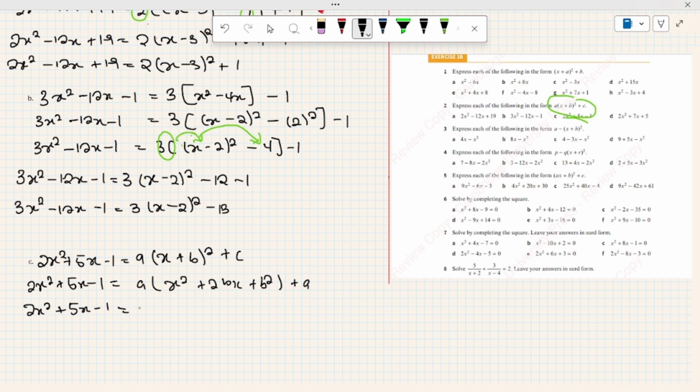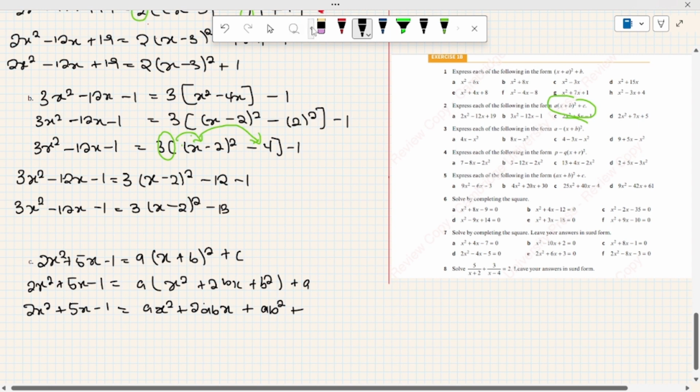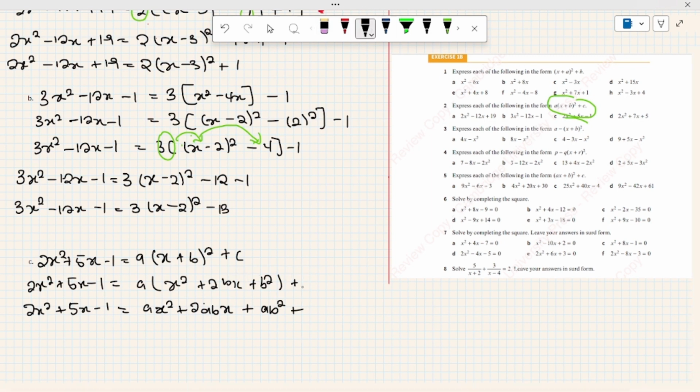Now we're gonna multiply a straight into the bracket. It's gonna be ax squared plus 2abx plus ab squared plus c. I'm not sure what was in my mind when I wrote a here. Plus c, because this is constant.